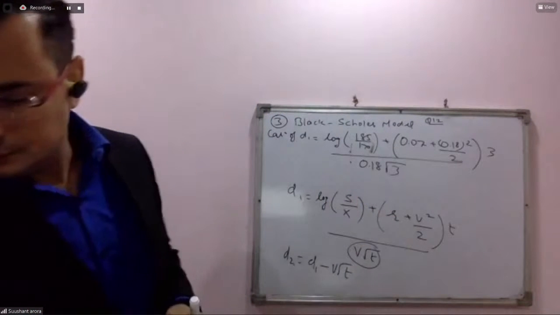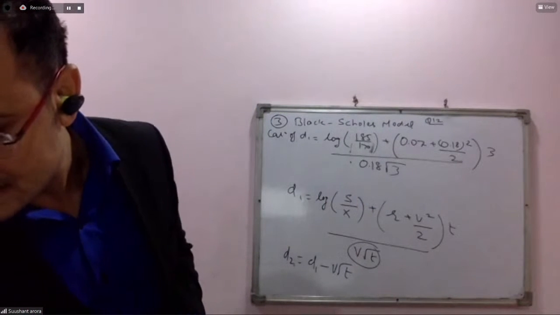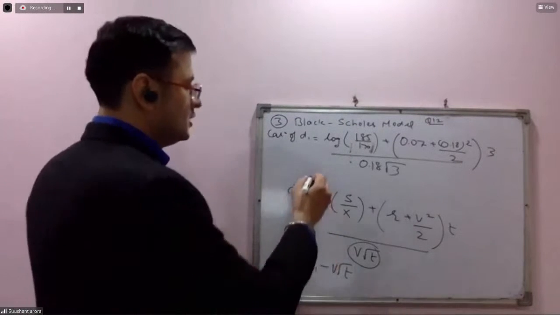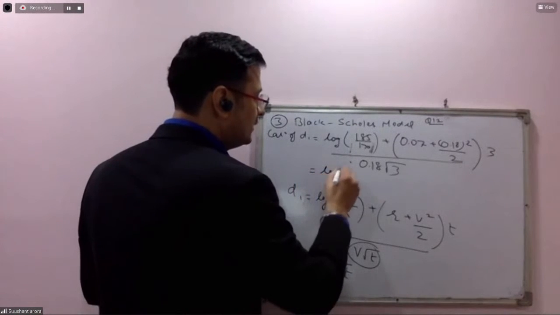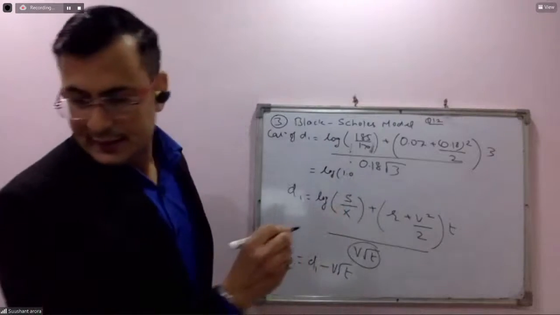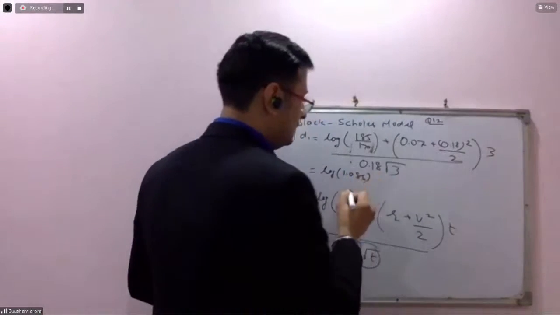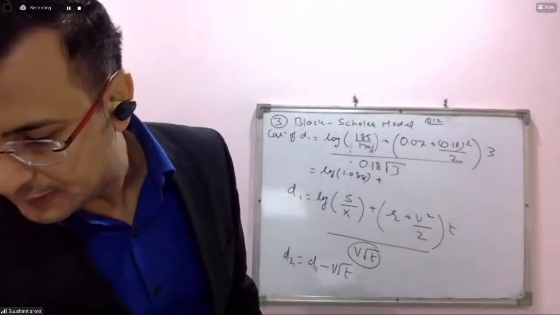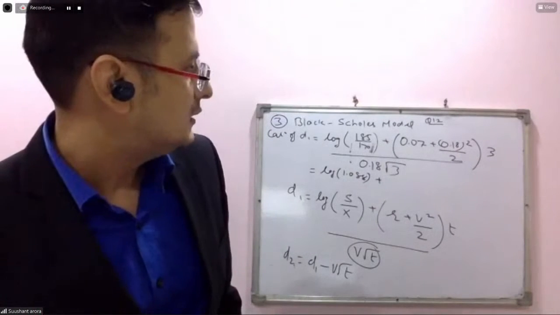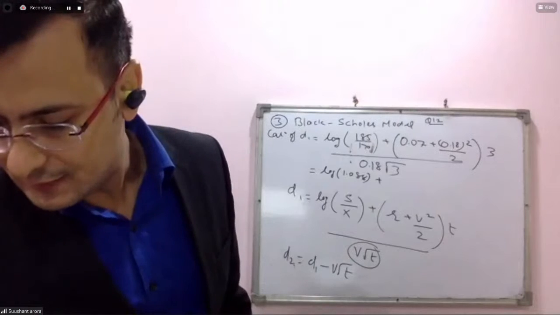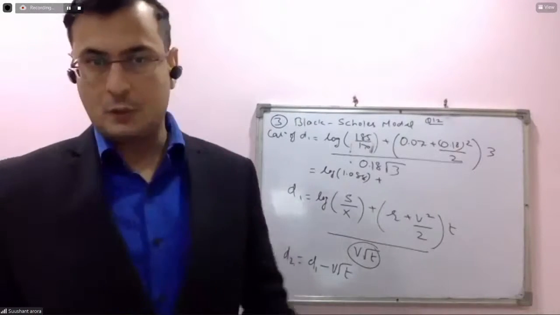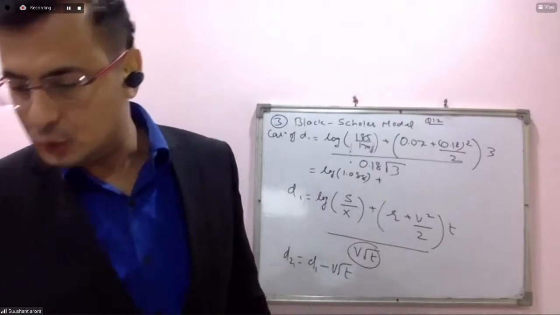So 185 divided by 170, you have to calculate the log of 1.088. So that is equal to log of 1.088, plus all these big calculations: 0.18 squared divided by 2 plus 0.07, into 3.